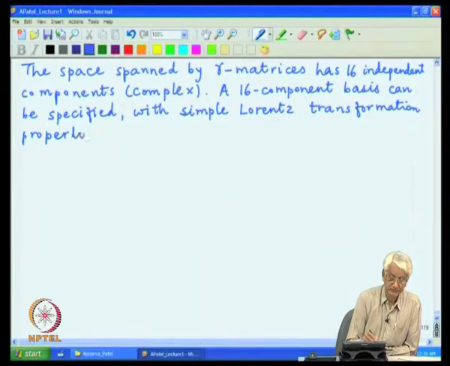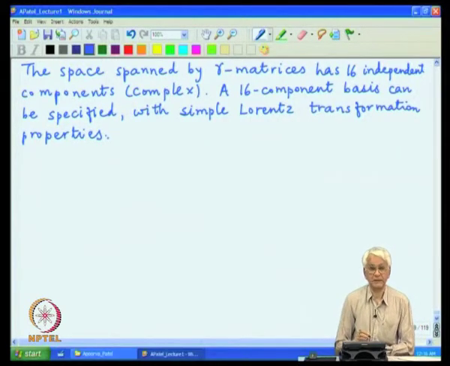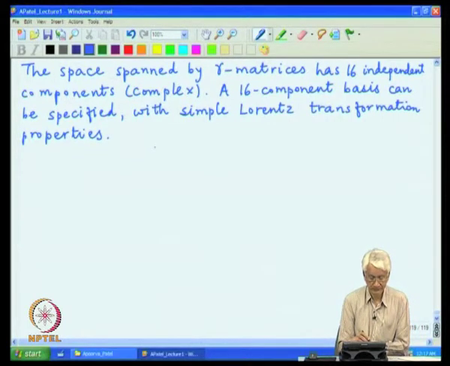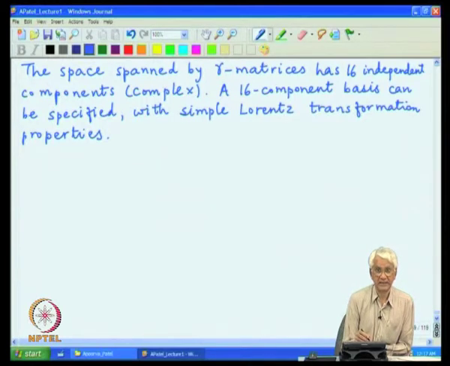We have so far only dealt with the matrix S for continuous Lorentz transformation. To this we can add the usual discrete symmetry, parity and time reversal.